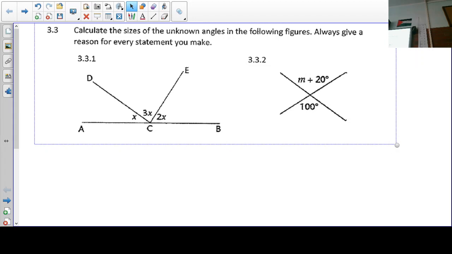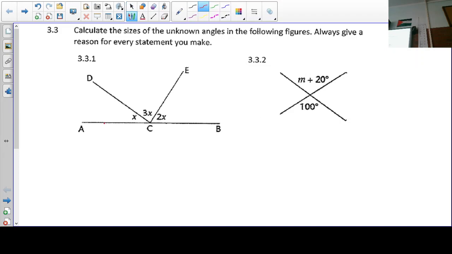Always give a reason for every statement you make. So your statement will be backed up by a reason here. People, what do we know about this here? Angles on a straight line. Angles on a straight line adds up to what? 180. So what do I say? x plus 3x plus 2x equals 180. Why? It's angles on a straight line.